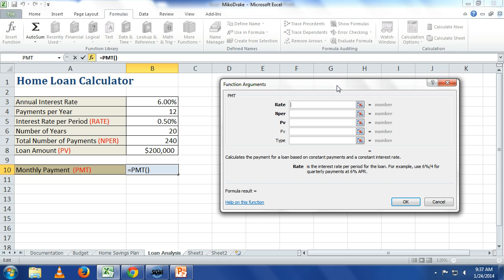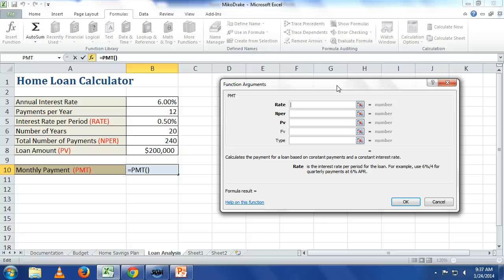We could just type this in as well, but since it's the first time we're using this formula, let's do this. What's optional up here and what's required? How many arguments are required? Three required: rate, number of periods, and present value. Future value and type are optional.